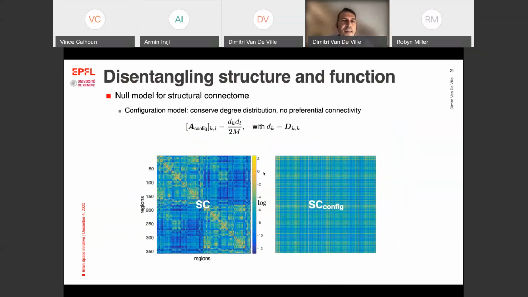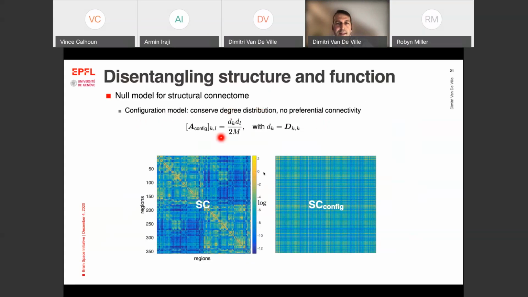Now, a final ingredient I need before I can show you some nice application is that we also like to have a null model for the structural connectome, just to be able to knock out the influence of the specific structural connectivity that we measure in the brain. And for that, we're going to choose the configuration model, which is a very simple null model that conserves the degree distribution, but without any preferential connectivity at all.